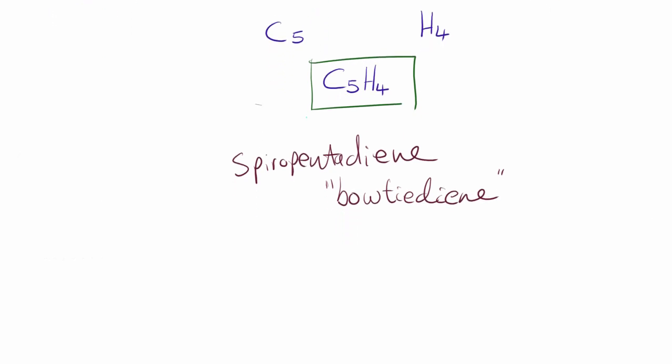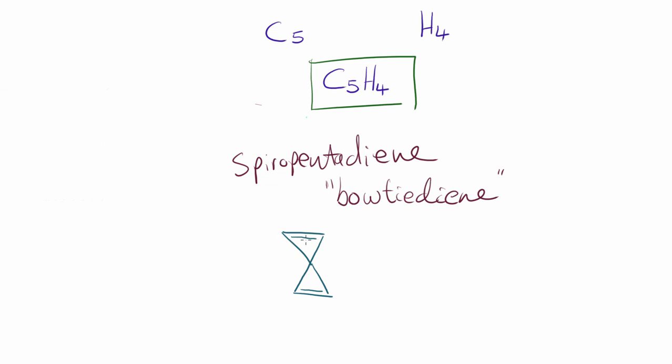And effectively, the structure looks something like this, whereby these are all carbons, right? So you can see there's 5 carbons, 1, 2, 3, 4, 5. Based on the valency of carbon, this carbon here is bonded to 4 other carbons, so there's not going to be a hydrogen here.